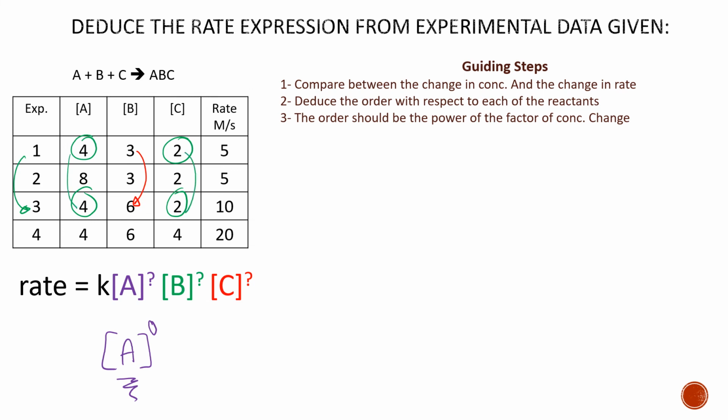What has happened when we increased B by a factor of 2? What has happened to the rate? It has been increased by a factor of 2. Very good.